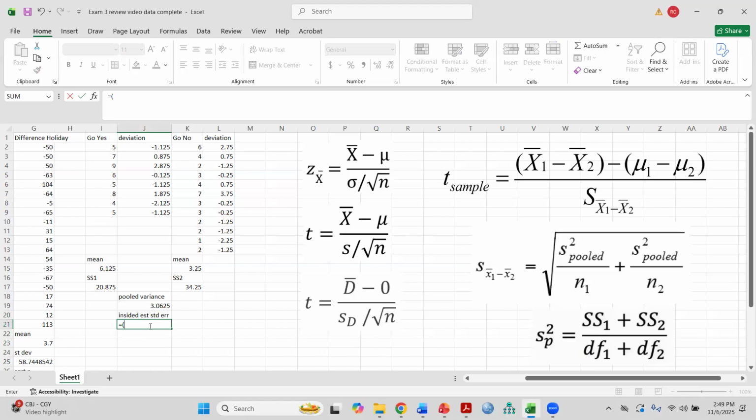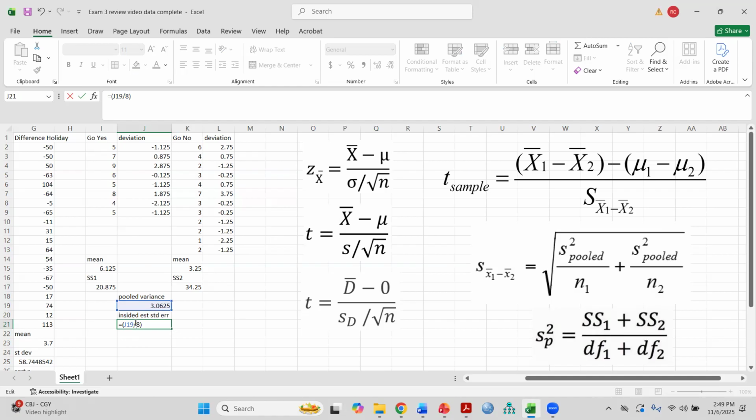I know that's a little confusing, but basically it is equal to, and again, we're going to throw down some parentheses. Remember, it's the pooled variance, which we just calculated, over the sample size for group 1, plus the pooled variance over the sample size for group 2. We've got the pooled variance divided by how many people are in group 1? We said 1, 2, 3, 4, 5, 6, 7, 8, right? Close those parentheses off.